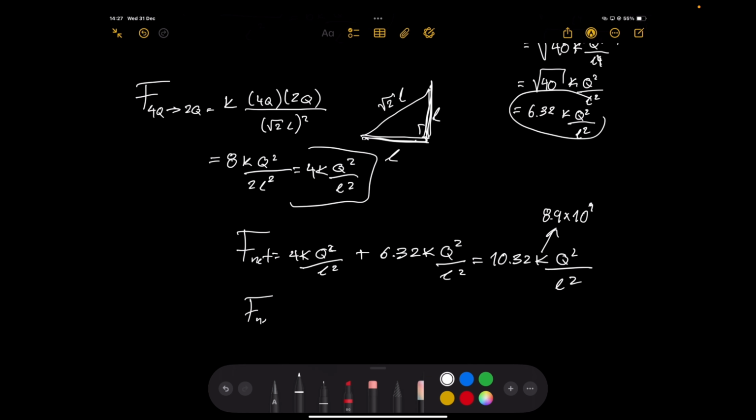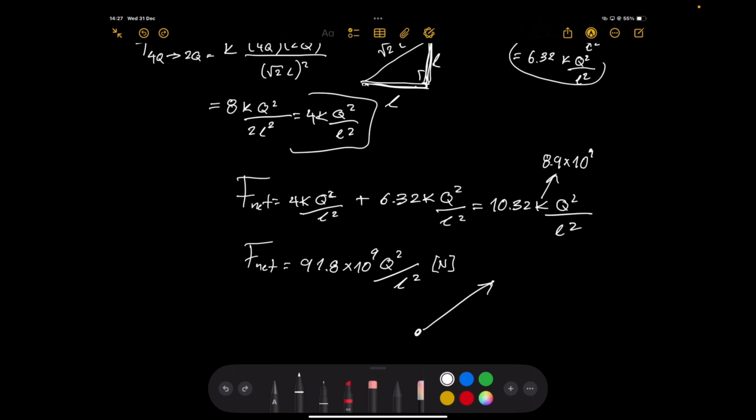So the net force is equal to 91.8 times 10 to the 9 Q squared over L squared newtons. And the direction is a vector coming from the center along the diagonal. In other words, it's going to be 45 degrees.